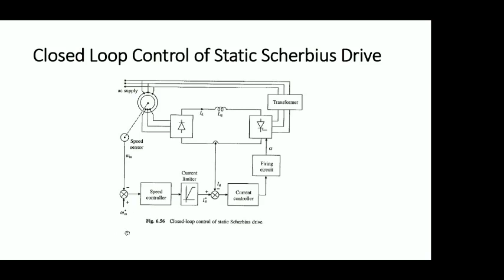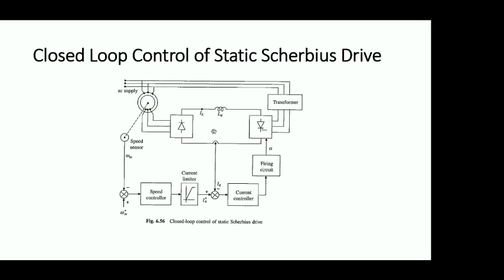According to this, whatever speed you give here, you have to get as an output from your induction motor. That is the main aim of closed loop control of the static Scherbius drive.